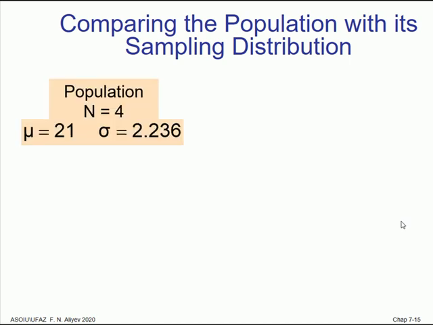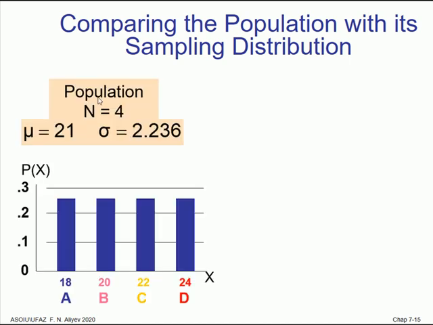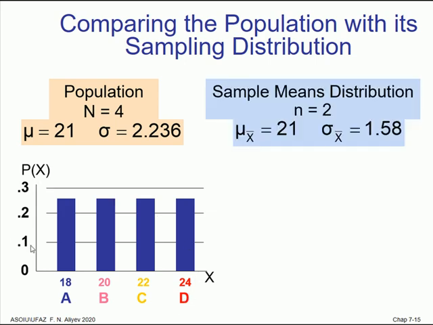Let's now compare the population and the sampling distribution. Population with size 4: calculated mean 21, standard deviation 2.236, and the distribution is even. For the sample mean distribution, we select all possible samples with size 2.